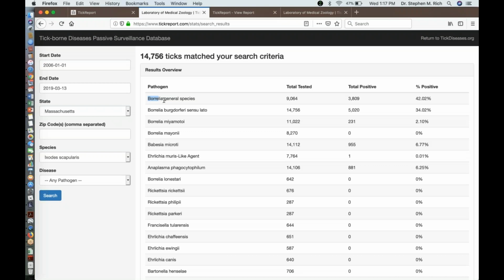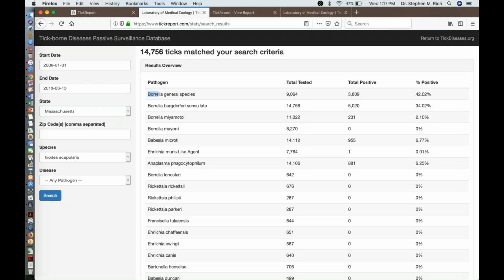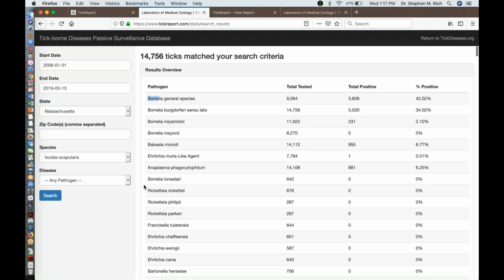By doing so, we can detect things that have yet to be identified, and then in subsequent work we can characterize those further. So when you see the 42% for the Borrelia general species, that's the summation of all the specific examples of the specific species. Some people sometimes get confused by that. It's basically there for us biologists to get a little geeky about.